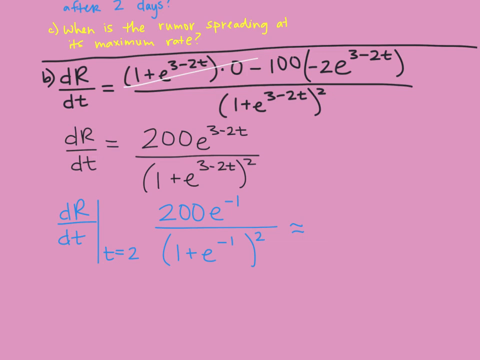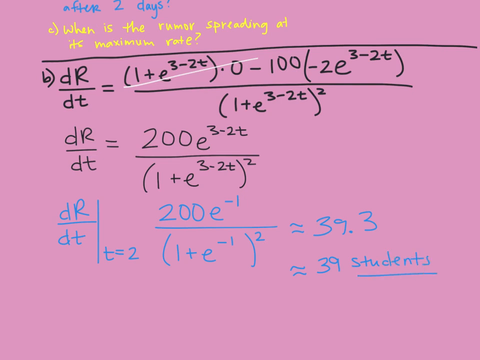I got 39.322, so 39.3. Now this is students per day. So when we round, we want to round again to the nearest whole number because it's students. So it's about 39 students, and it's a rate.